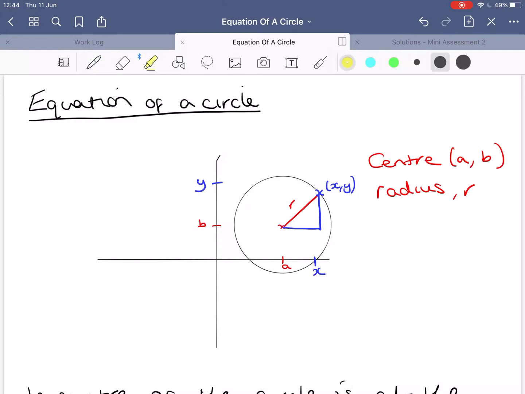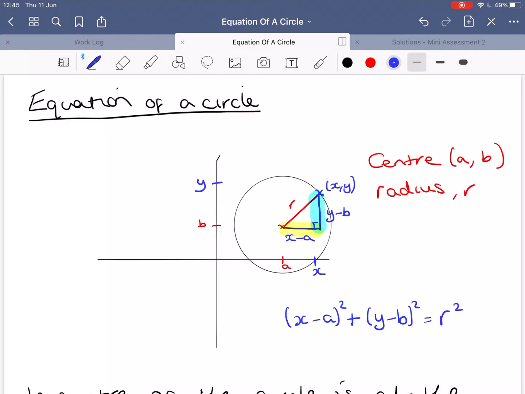What is the length of the base of this triangle? It's simply x take away a. What is the height? It's y take away b. So looking at that right angle triangle, x take away a squared, the base squared, plus y take away b squared, the height squared, must equal the radius squared.